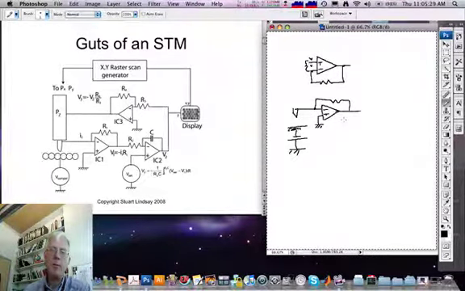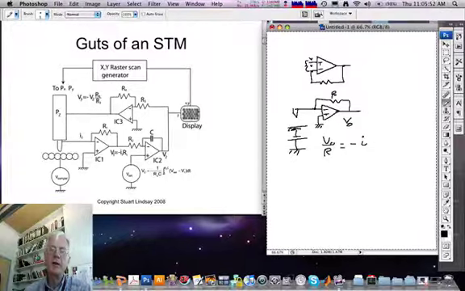That means, therefore, if this output is sitting at V0 and this resistor is R, then the current flowing into this point must be V0 over R, and that has to be exactly equal to minus the current flowing in from the scanning tunneling microscope probe.